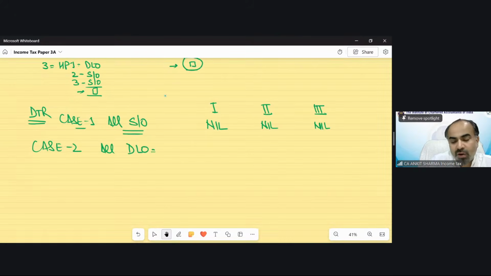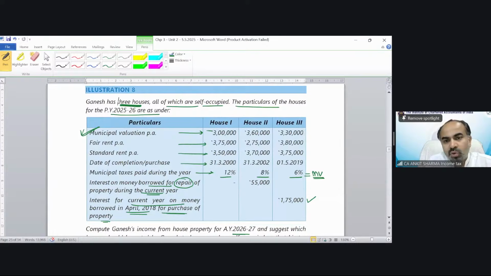Now we need to find out the GAV and so on. Moving on to the illustration, you will find the GAV from the information given. 3,37,500 higher; higher of standard rent, lower 350. So 350 would be the GAV in this case. No actual rent could be received because properties are self-occupied. So 350 would be the GAV in house number 1.